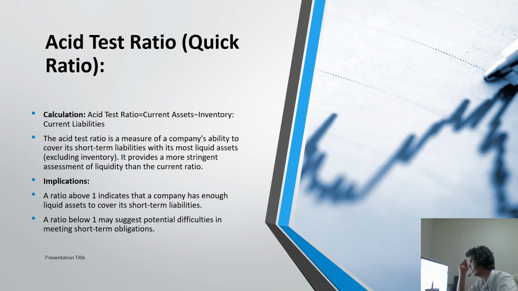You'd like to make sure that you have a 1-to-1 ratio. You'd like to at least have one current asset without inventory to one current liability. The word that you look for there is that it's minus inventory.